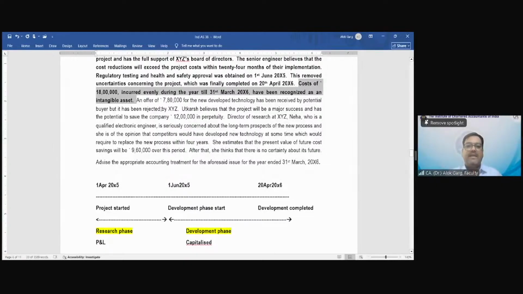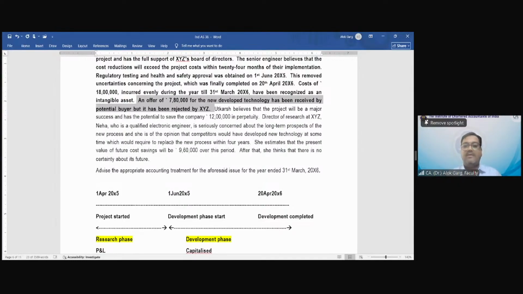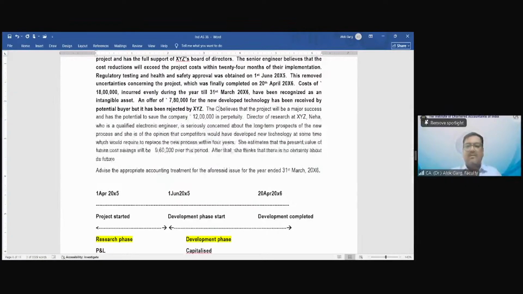Okay. 15 lakh. An offer of 7,80,000 for the newly developed technology has been received from a potential buyer, but it has been rejected by XYZ. Is there any relevance for this line? Let's read further.